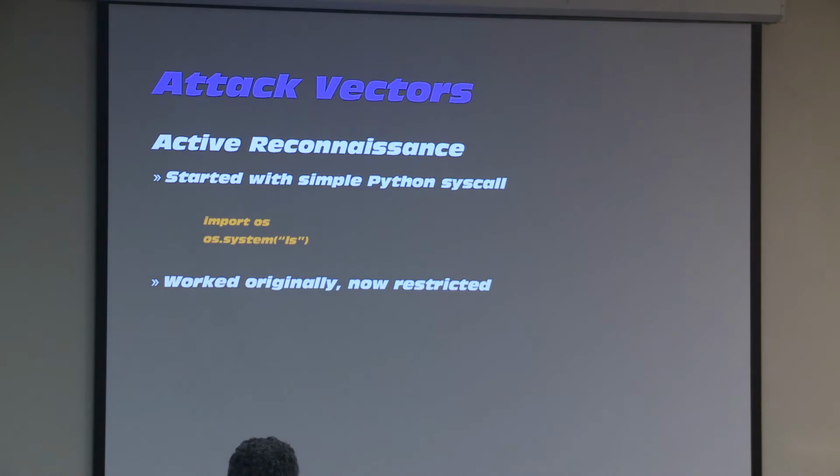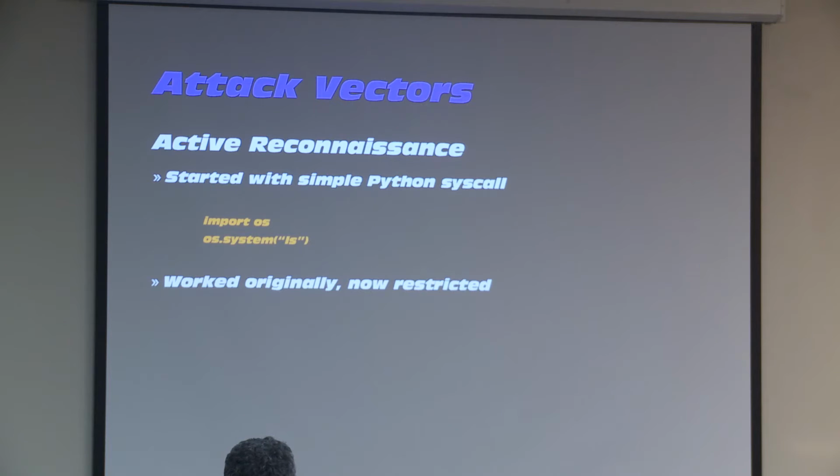So, the active reconnaissance. I started off just tinkering around with some code. The first attempt I made was to get an understanding of what the underlying file system looked like, what's on the file system. If you're familiar with Python, we're just importing a Python package for OS system calls, and I'm passing a local command, ls, to list the files.